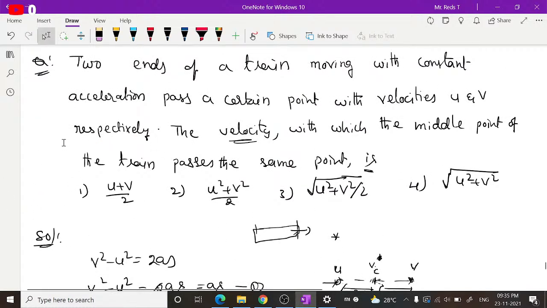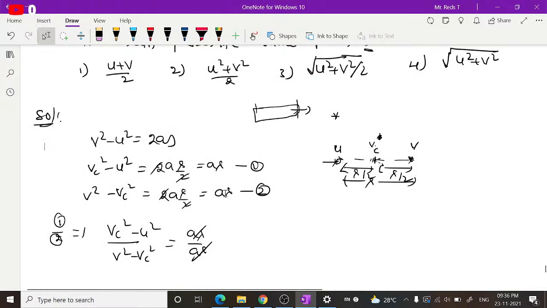This is the question, guys. We are discussing this question. When the two ends of a train moving with constant acceleration pass a certain point with velocities u and v respectively, the velocity with which the middle point of the train passes the same point is? To understand this, we just have to consider it similar to a body crossing a point with velocity u and, with constant acceleration, obtaining a velocity v.